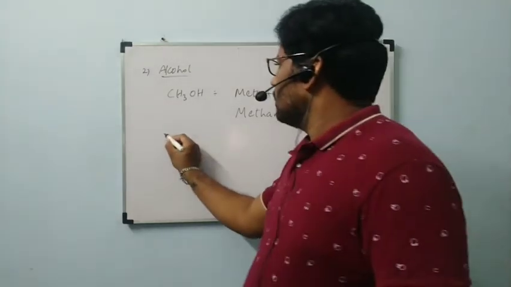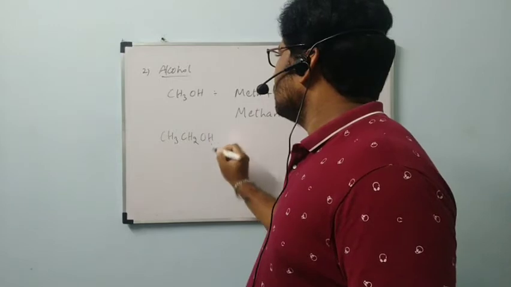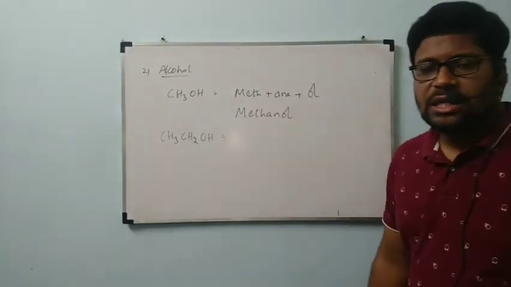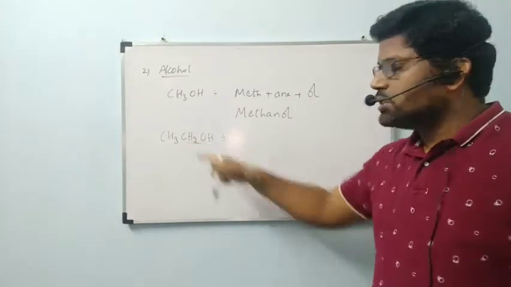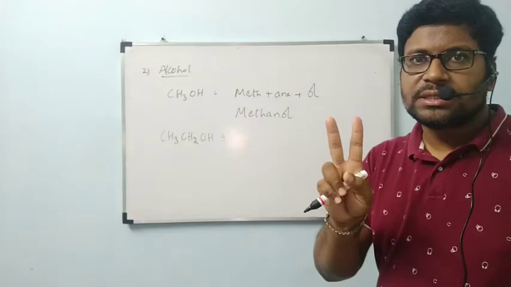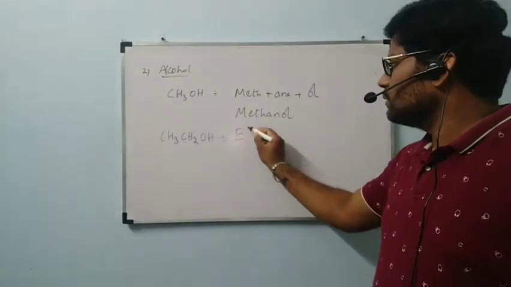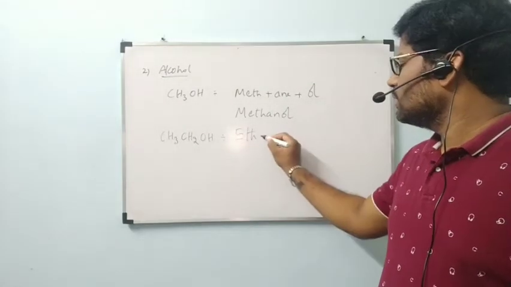Next, CH3, CH2, OH. What is the name of this compound? This compound contains totally 2 carbons. Okay, 2 means what is the root word? Eth. All are single bonds only.